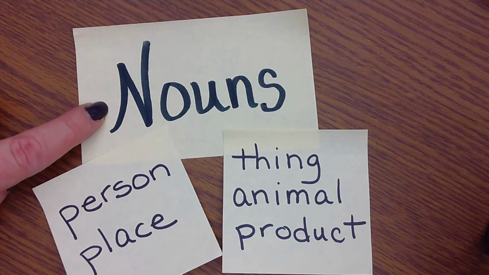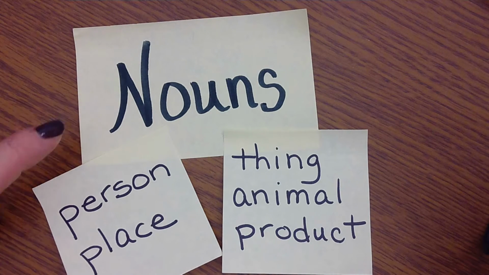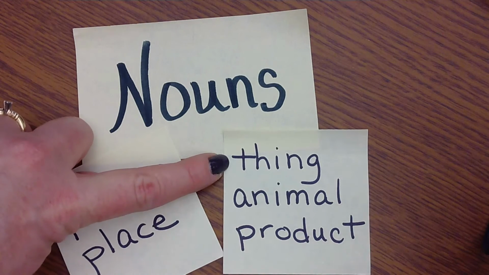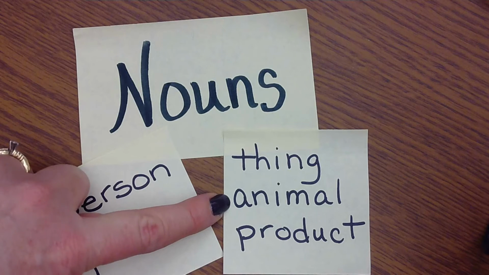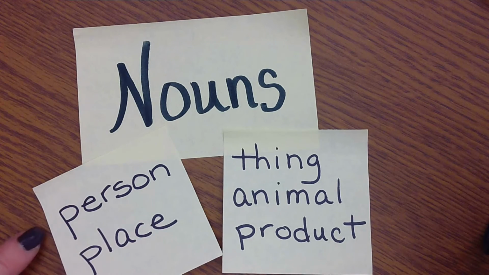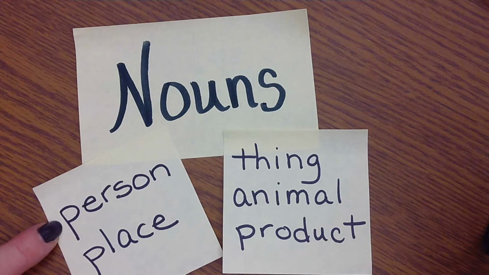So remember, nouns are words that name a person, a place, a thing, an animal, and a product. Can you think of a word that would name a person? Maybe boy. Can you think of a word that names a place? How about Elm Road School?